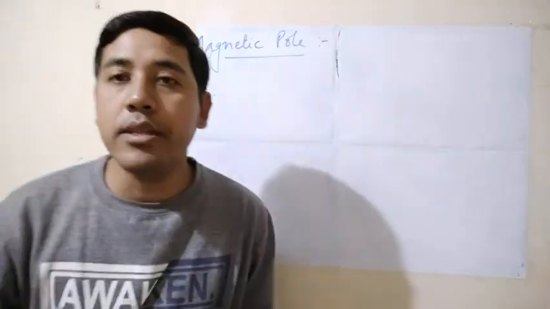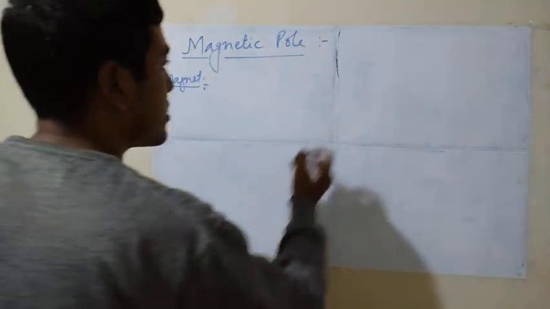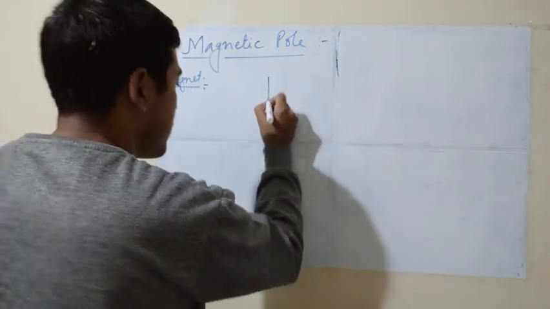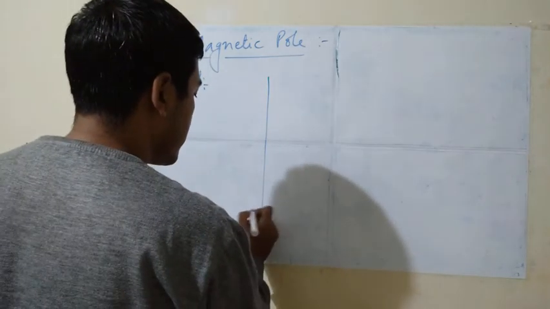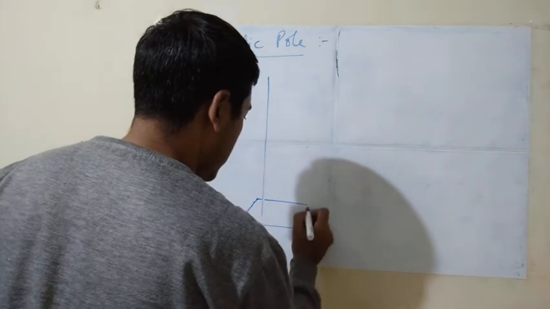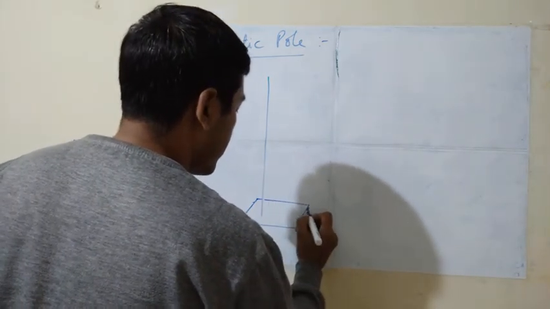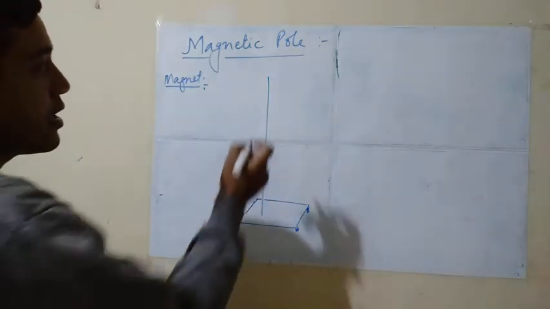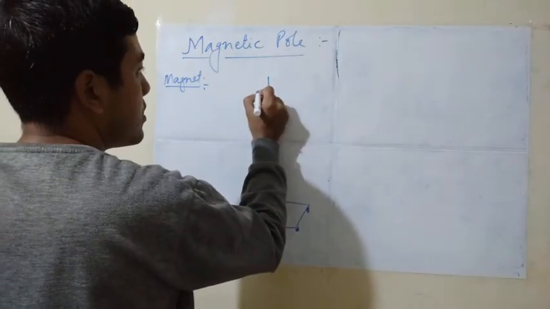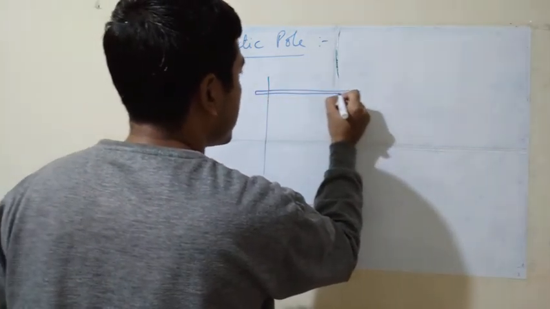How can you find the poles of the magnet? Now, you take one stand. Say this is the stand. In the stand, one bar is present.